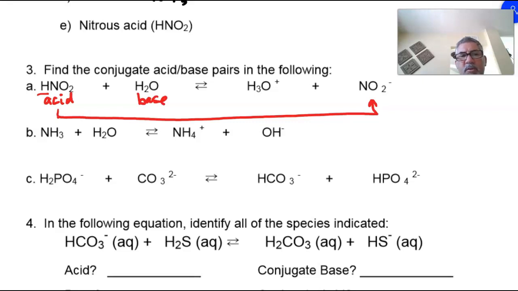When it loses that hydrogen, it becomes NO2-. So this is my conjugate base, right? And my base accepts the hydrogen. So this would be my conjugate acid. It's okay if you use that Ca for me. Okay, so my base makes a conjugate acid, my acid makes a conjugate base.